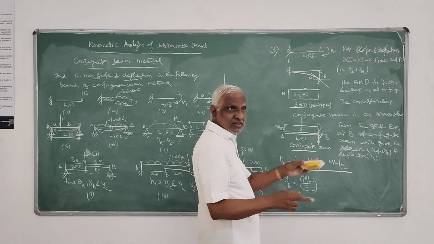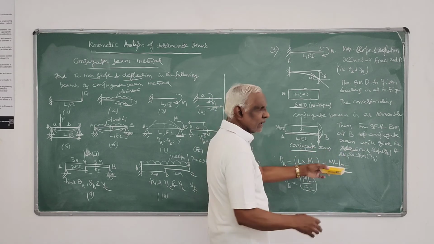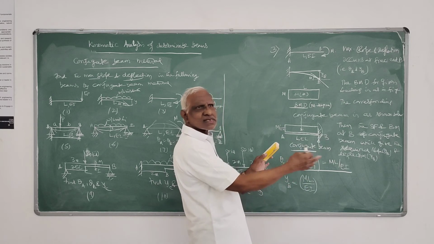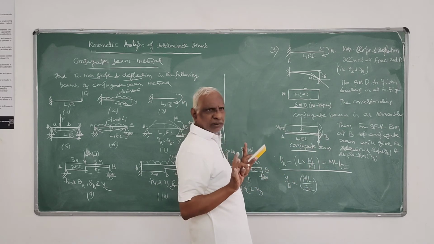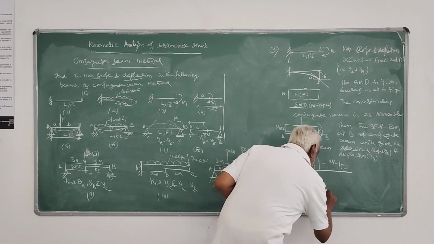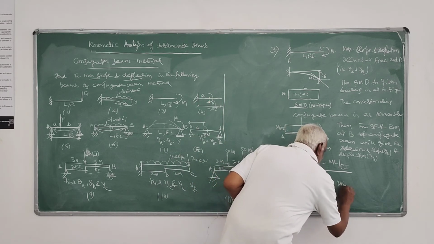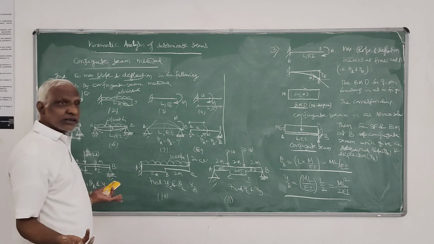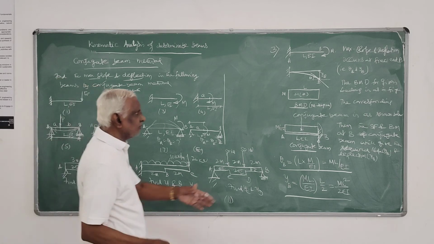That's why I gave you in the beginning the standard areas of bending moment diagram figures and then centroid figures. That you have to remember anyway. So that is at L by 2, that is nothing but ML squared by 2EI. That's all. Sign convention, you need not write anything, it's only a definition I have told here.